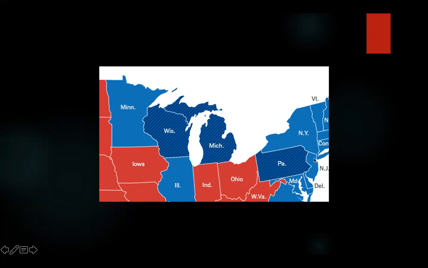So here, Pennsylvania flipped from a red state last election to a blue state this election, and this map maker has added this hatching to indicate that there's something else that has happened here.